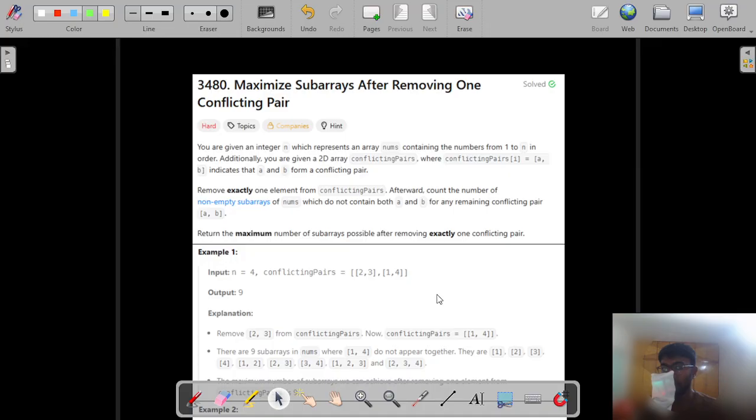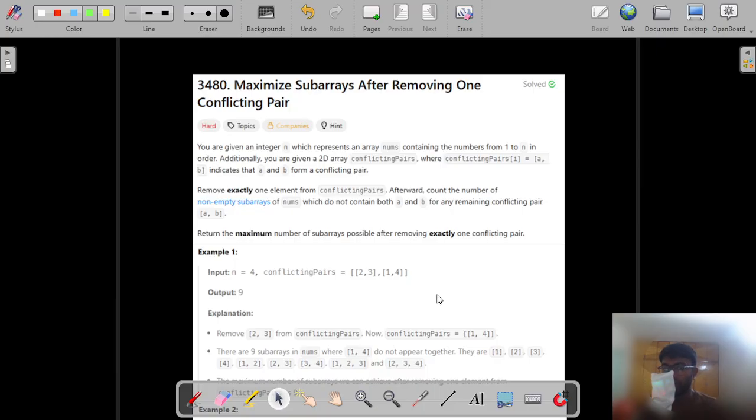Remove exactly one element from conflicting pairs. Afterwards, count the number of non-empty subarrays of nums which do not contain both A and B for any remaining conflicting pair [A, B]. Return the maximum number of subarrays possible after removing exactly one conflicting pair.